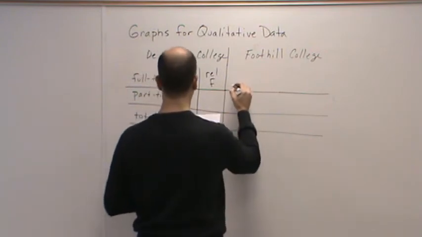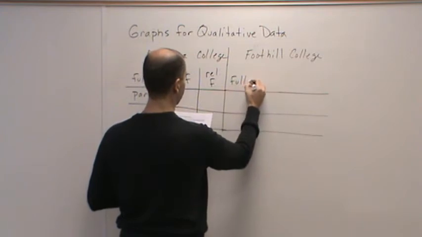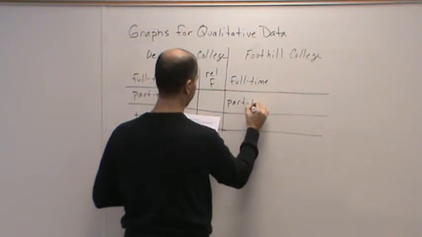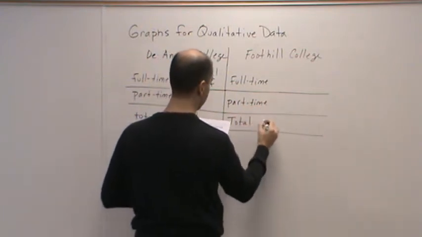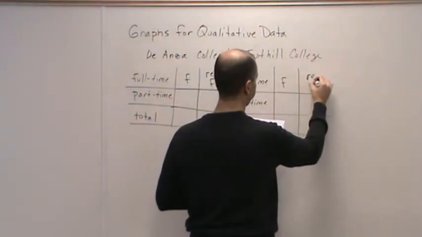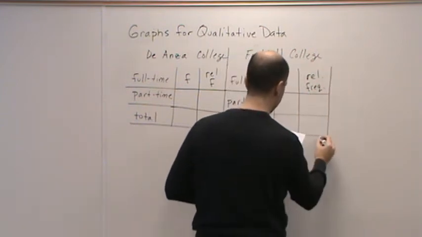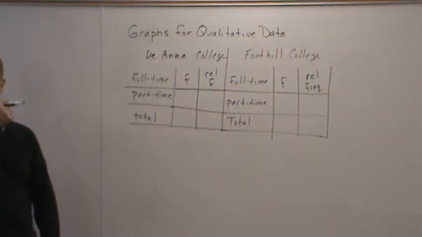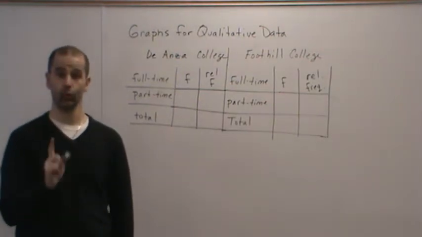So again, this is going to be full-time, part-time, total, and relative frequency. Okay, so I'm going to fill in the frequencies, and then I'm going to fill in the relative frequencies, and I'm going to show you how to calculate relative frequency.